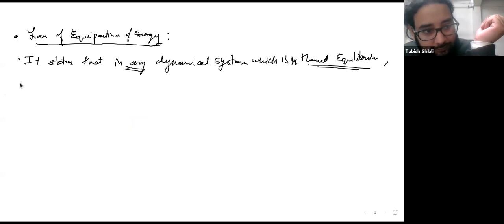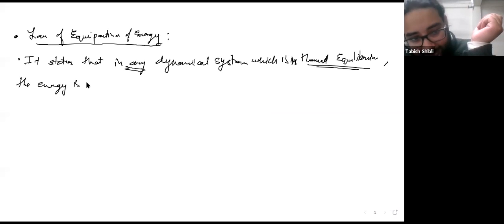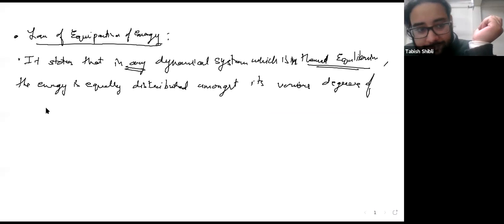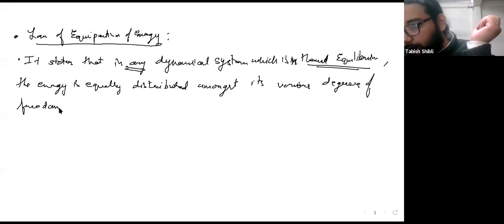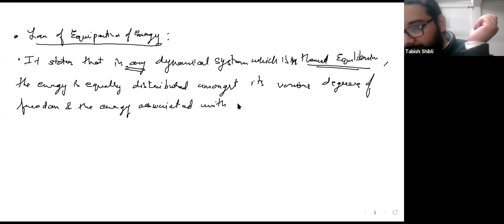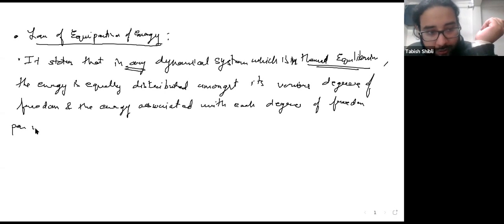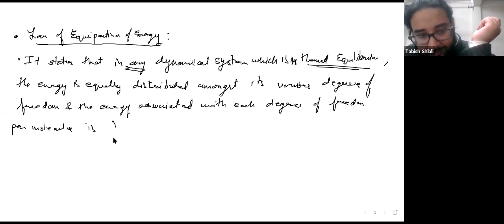the energy is equally distributed amongst its various degrees of freedom, and the energy associated with each degree of freedom per molecule is half kBT.